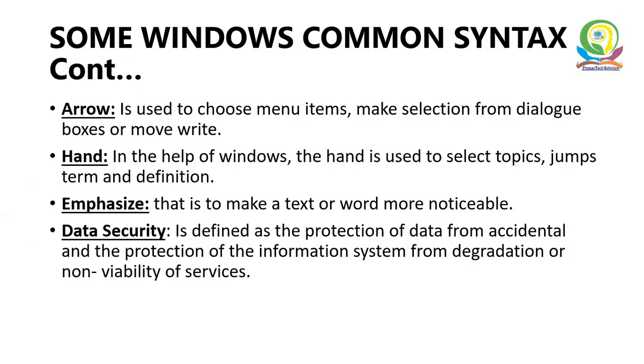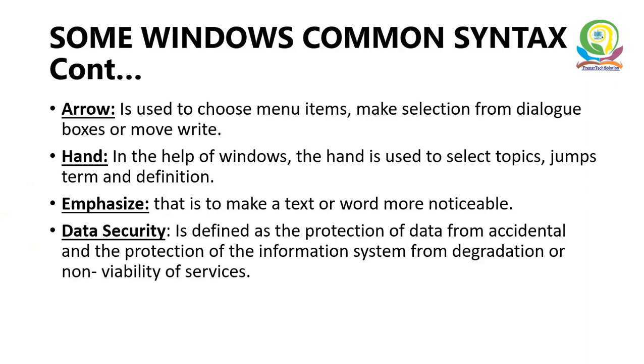When you are talking about emphasize, that is to make a text or word more noticeable. You make it attractive, or you make it appear well so that the user or the one reading will see it clearly. That is the work of emphasize.